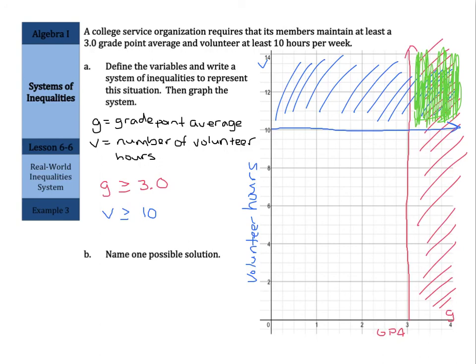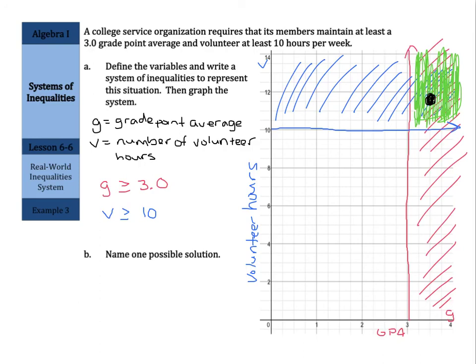So when we're looking for one possible solution, we could go across to, say, 3.5 on our GPA and up to 12. And right here is a possible solution.